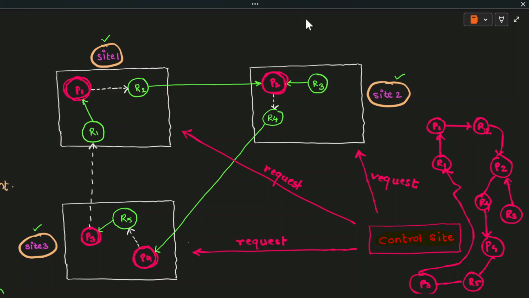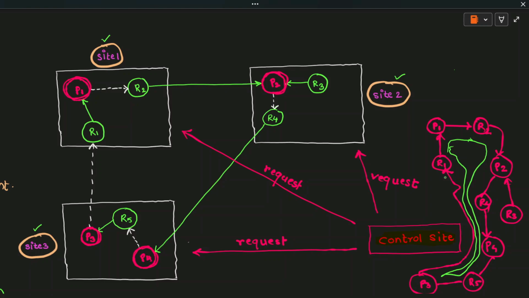If we see the diagram properly, when the control site gathers this data, it analyzes that data, and after analysis the control site will find out that there is a deadlock because a complete loop is formed. So the control site will detect a deadlock in this particular case.